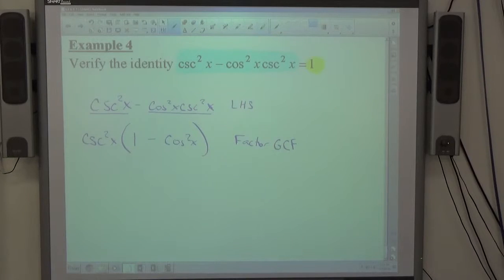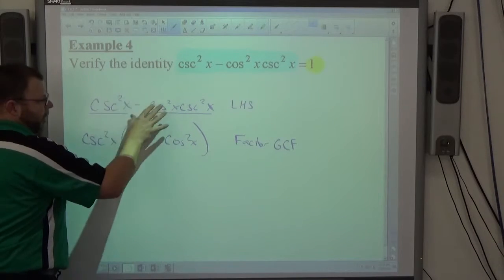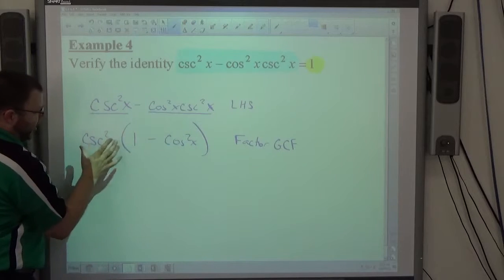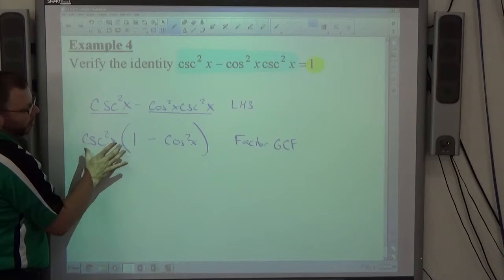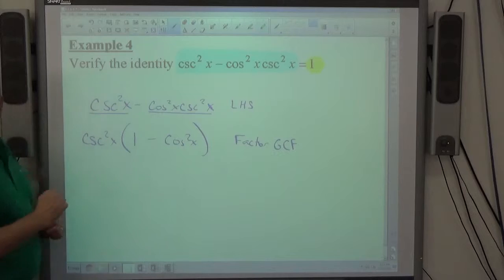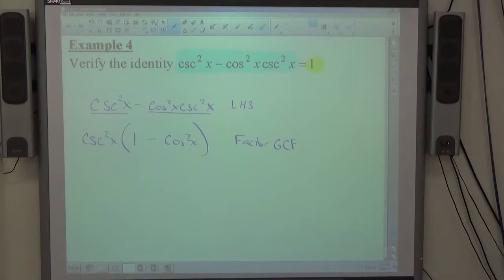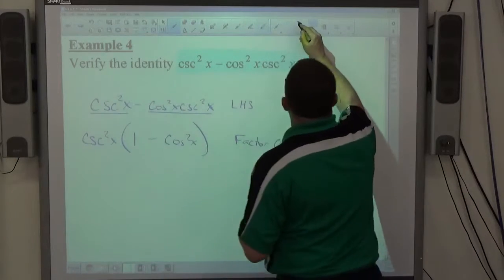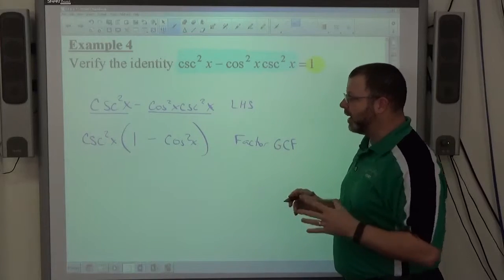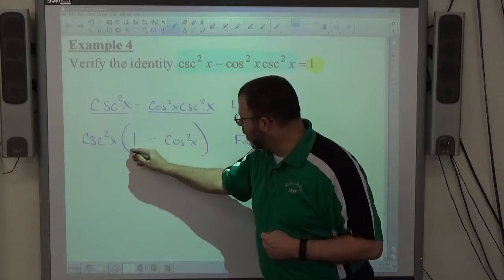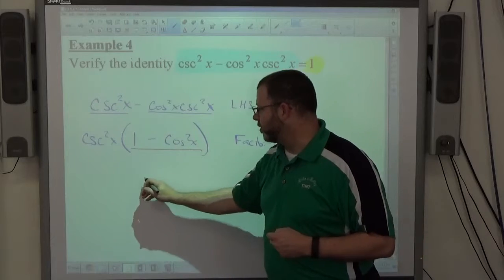As a general rule, if I have the ability to separate trig functions away from each other, in other words there are different kinds of trig functions here, by pulling this out I've got one factor containing one type of trig function and another factor containing another. That's usually a useful thing to do. Each factor contains a trig function of its own. Now, looking at the Pythagorean identity, 1 minus cosine squared of x is equal to sine squared of x.